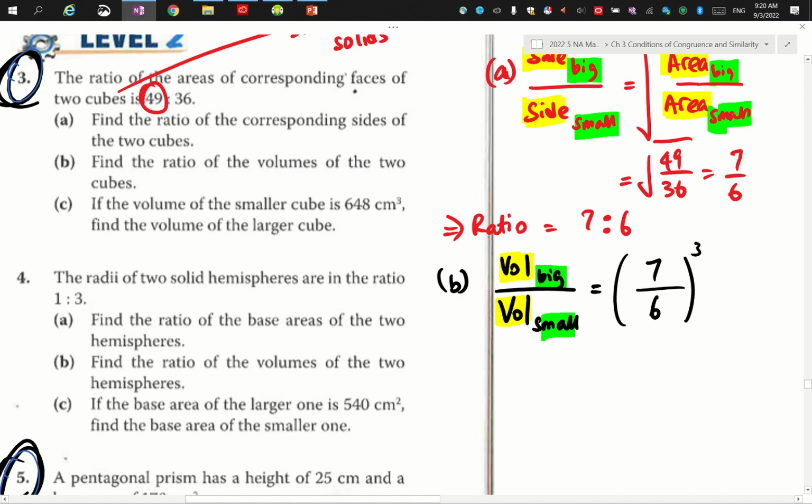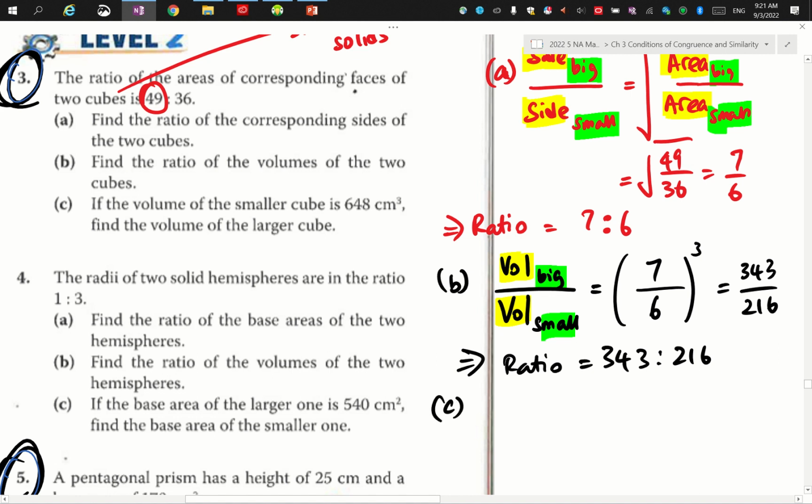Please make sure you have the brackets over here when you're doing the cube. So 7 divided by 6 with power 3. So 343 over 216. Therefore, ratio equals to 343 to 216. It's part B.